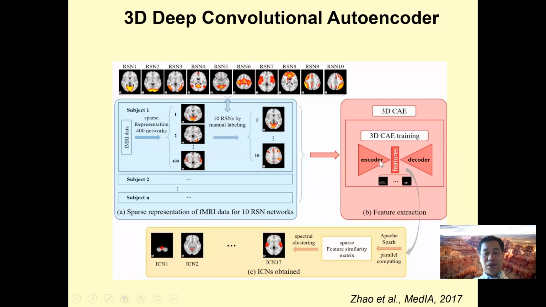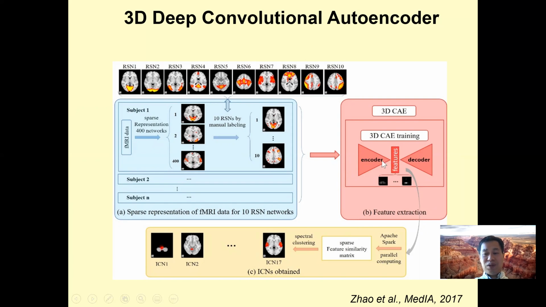So we have the encoder on the left side and the decoder on the right side. We're going to encode the input volume into the feature pattern over here, and then we can do the decoding. And based on the features between the encoder and the decoder, we can do the clustering of the brain networks.